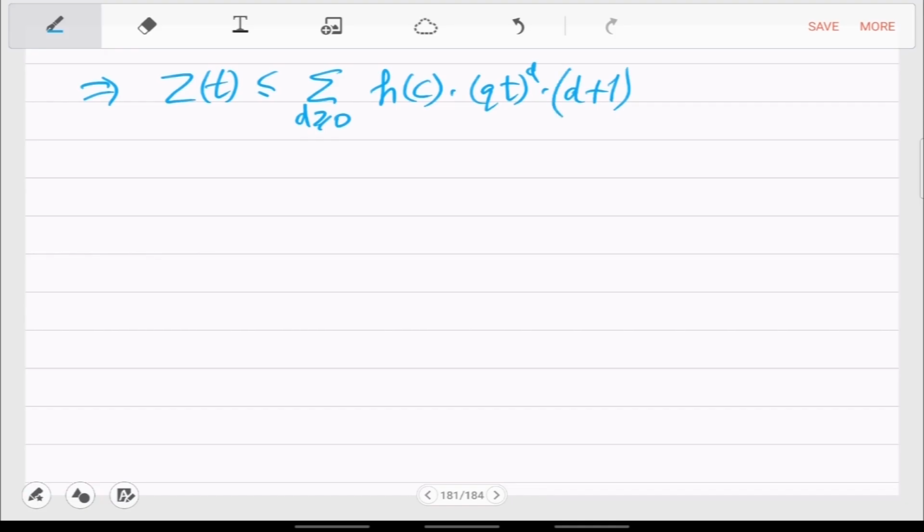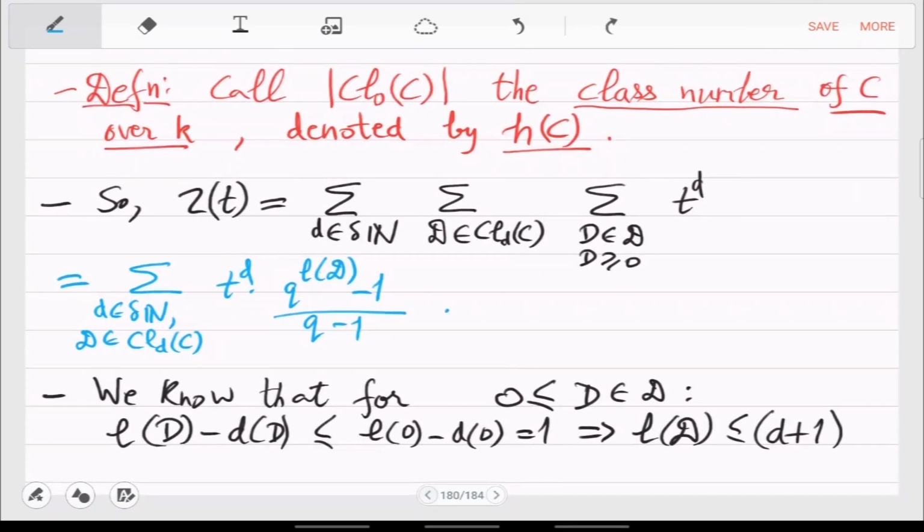Okay, so the class number we get because that is the count for the divisors D, and the second thing we are approximating is this Q expression. The Q expression basically is, you can just expand it out after division.